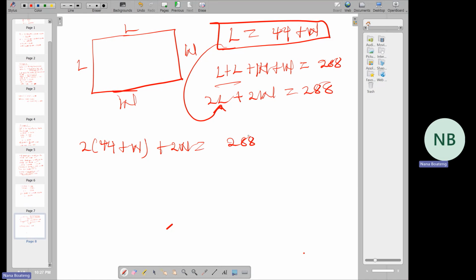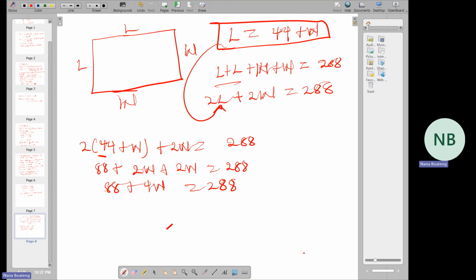All right, so 2 times 44 is 88, 2 times W is 2W, and plus 2W is equal to 288. So 88 plus 4W is equal to 288.